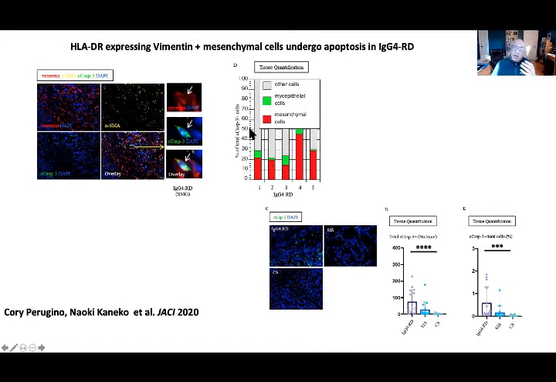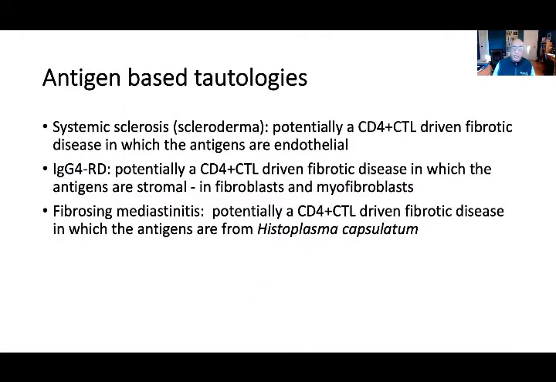So whatever the driving antigen is in IgG4-related disease, is not the same as systemic sclerosis, though the mechanism may be similar. Again, we have quantitation over here, and we're comparing Sjogren's syndrome here with IgG4-related disease, and you have a fair amount of mesenchymal cell apoptosis in IgG4-related disease.